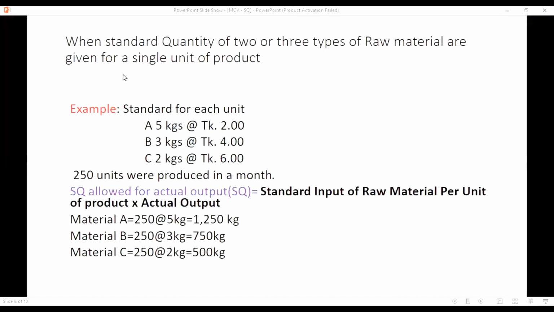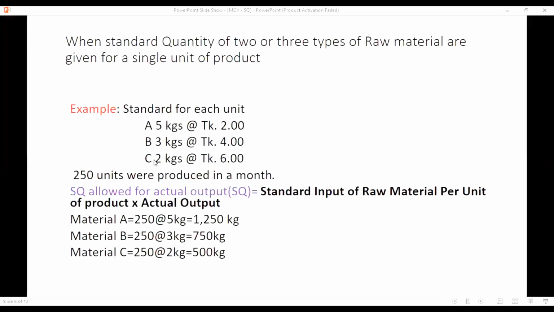Here is another situation when standard quantity of 2 or 3 types of raw material are given for a single unit of product. Here material A, B, C. Material A needs 5 kg, material B 3 kg, material C 2 kg for a unit of product to be produced. And total actual output was 250 units. So the straightforward formula is standard input of raw material per unit of product multiplied by actual output.